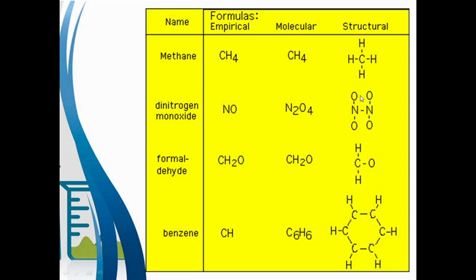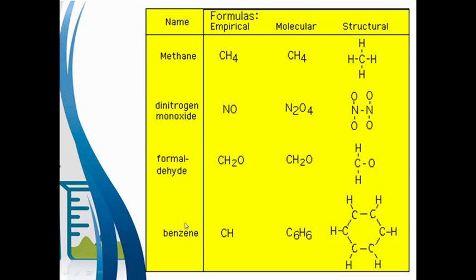Here is the structural formula. Our formaldehyde, we have CH2O. We have another molecular formula of CH2O, and its structural formula has the C, 2 moles of hydrogen and 1 mole of oxygen.